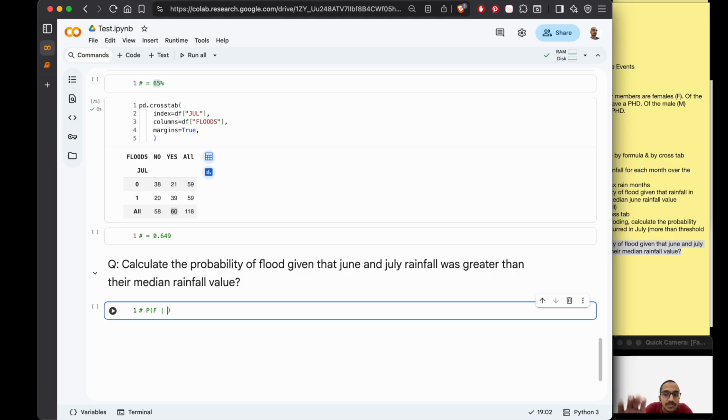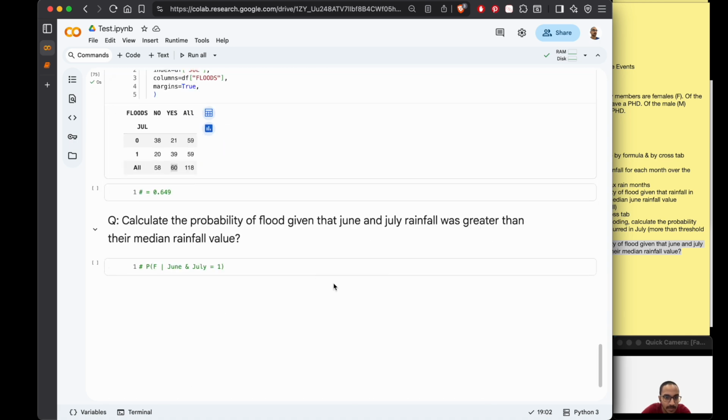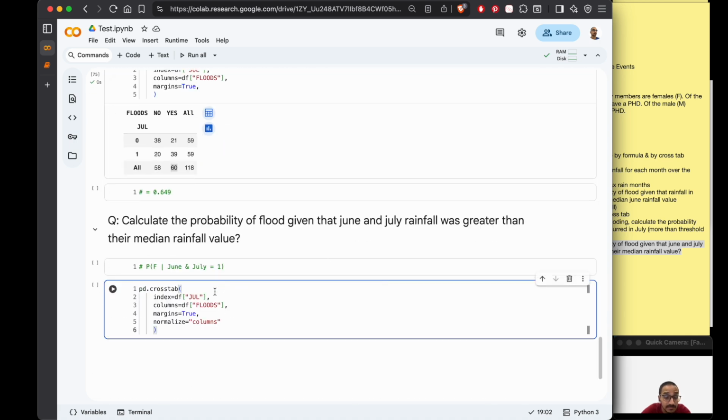So both June and July, given June and July greater than median value. So June and July, the values have to be 1. So we can compute crosstab using multiple columns as well. Okay, so let's do the normalization way first, just to get the result quickly.